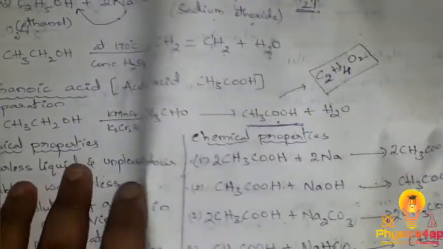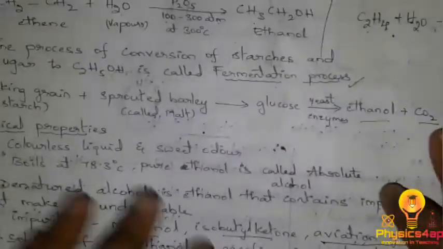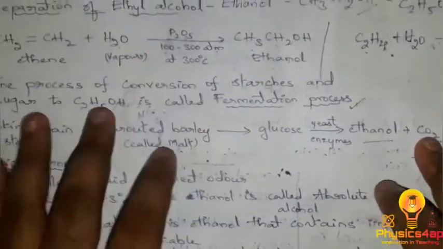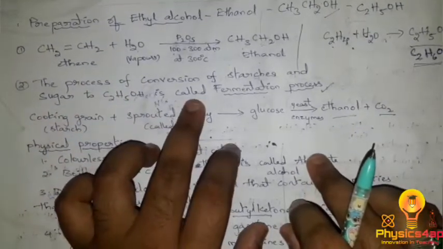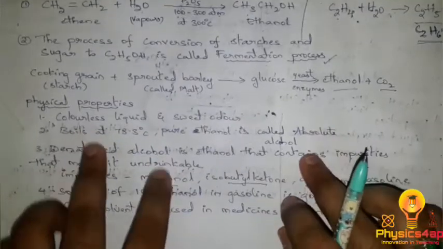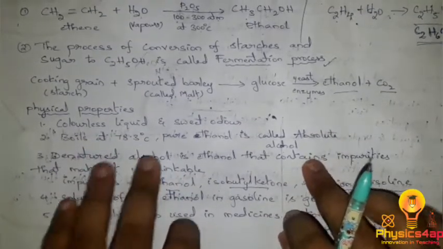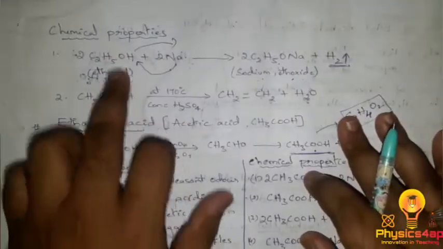Now is it clear about what we have discussed? We have discussed the preparation of ethyl alcohol, one by the chemical process and another by the natural process, and next the physical properties and the chemical properties of ethyl alcohol.